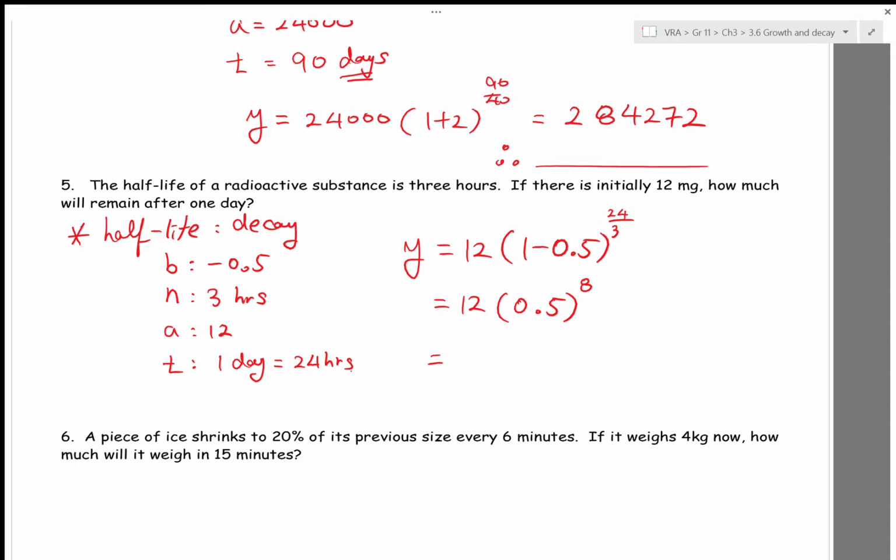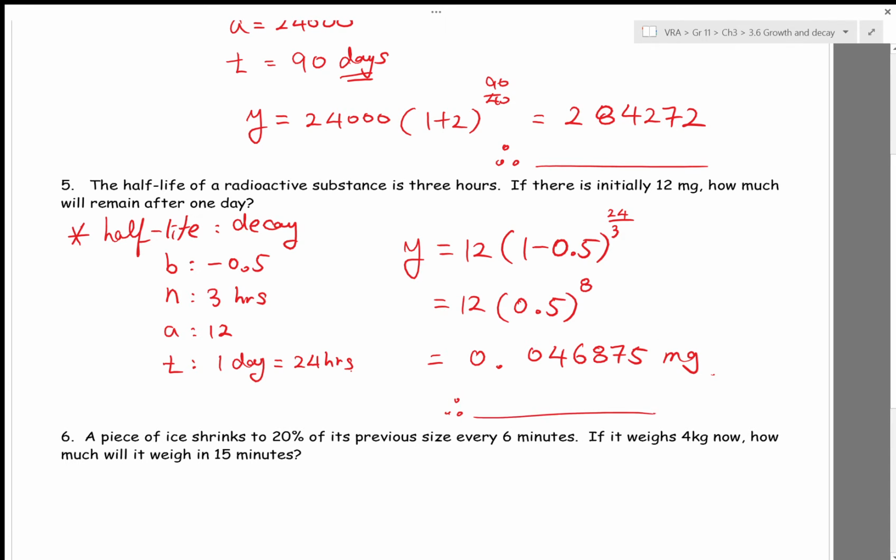So again, 12 times 0.5 to the power of 8. Now this then gives you 0.046875 milligrams. So again, there's got to be a therefore.